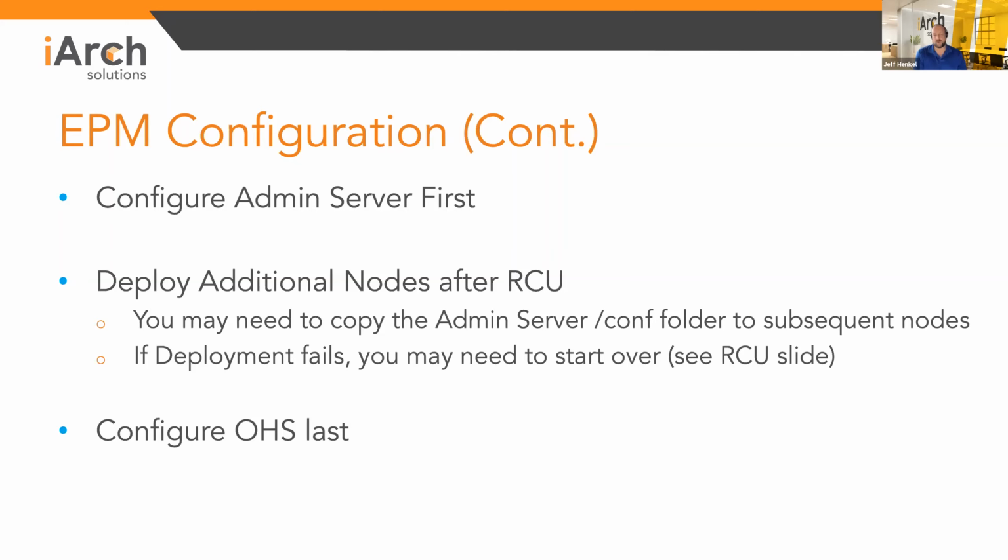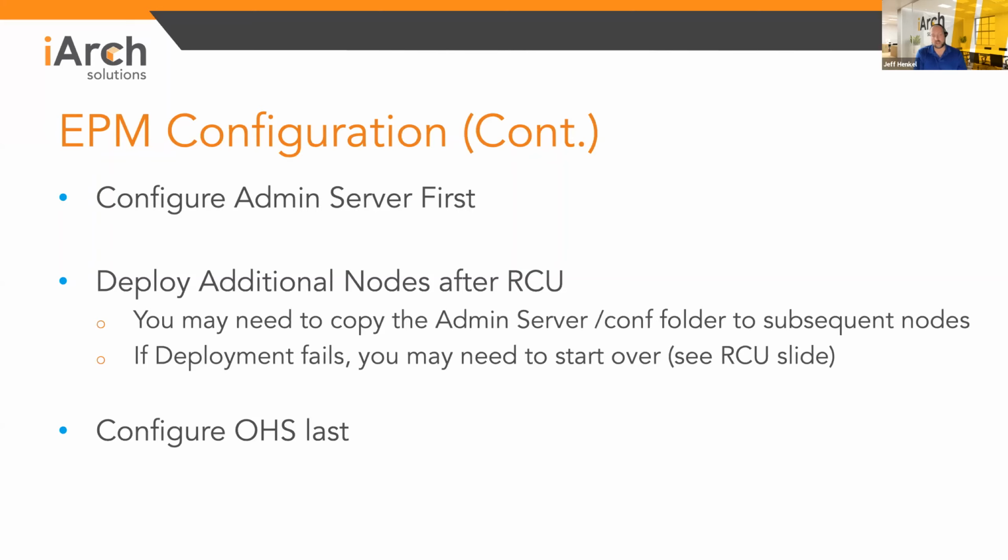A couple other items of note. I have seen this happen both ways. So I have run my builds and seen that I need to copy the conf folder from underneath WebLogic to each of my downstream servers to get the services to deploy properly from the configuration utility. I've also seen this not be a requirement at all.